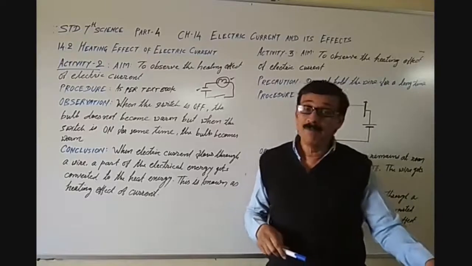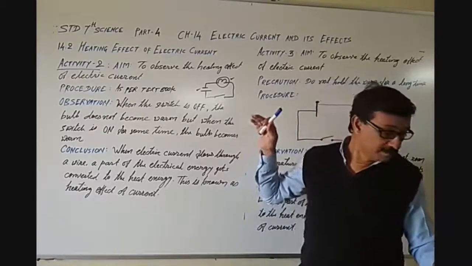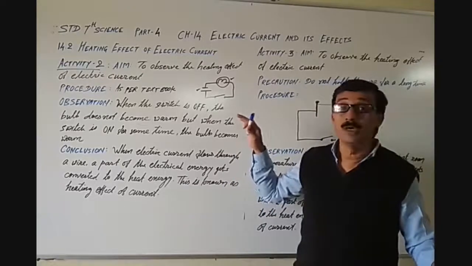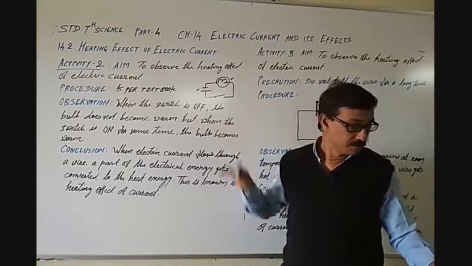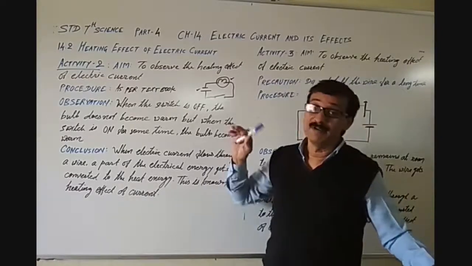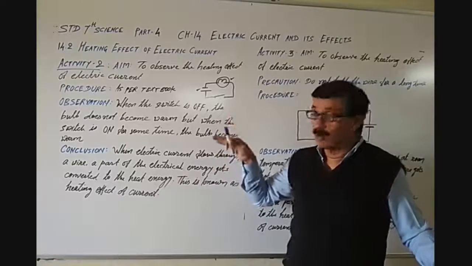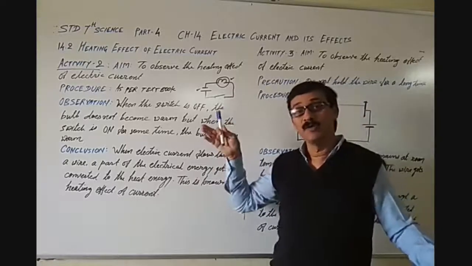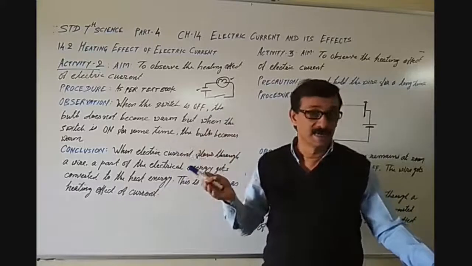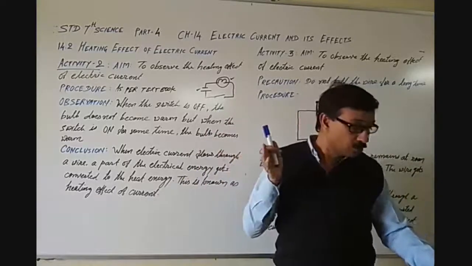Again touch the bulb. When the bulb is glowing, at that time once again you have to touch the bulb. Do you feel any difference from the previous position, when the bulb was not glowing, and now the bulb has been glowing for the last 1 minute or more?